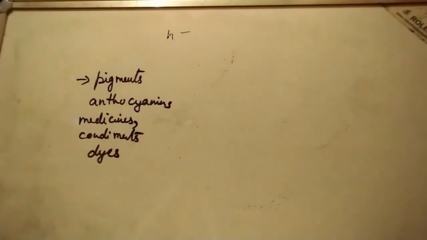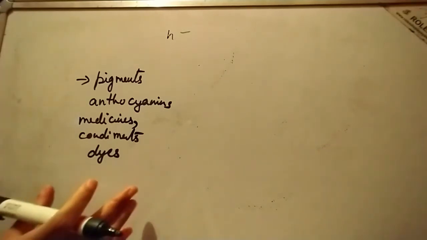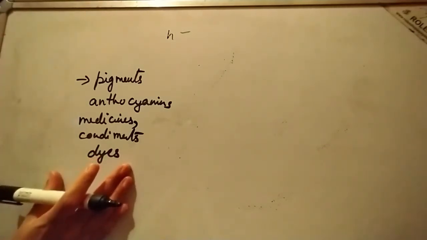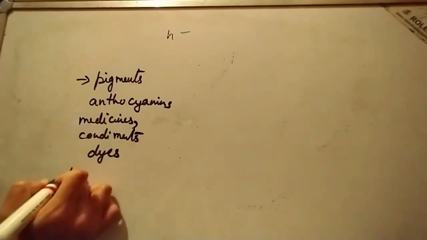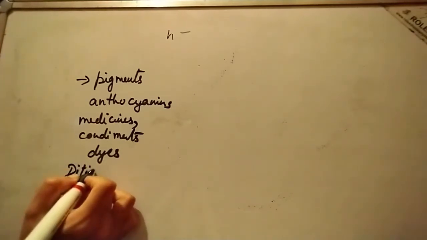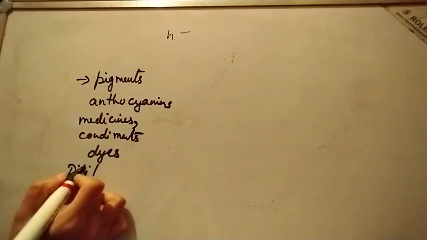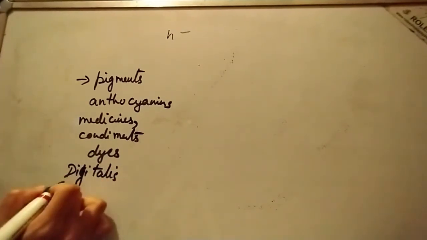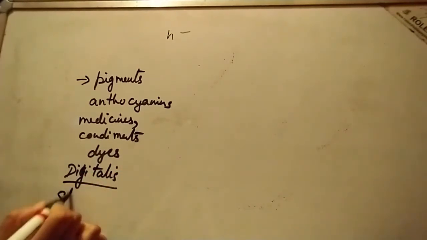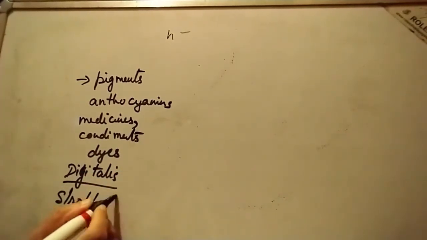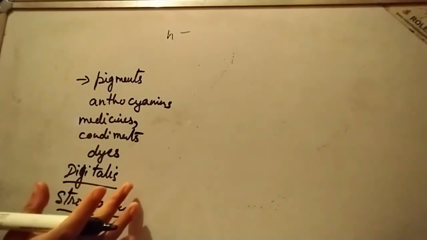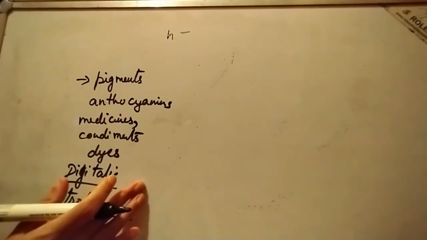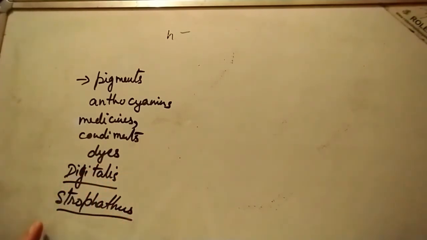We also have glycosides of great value, the heart stimulating glycosides. Some glycosides are known to stimulate the heart, and those are obtained from digitalis and also from strophanthus.